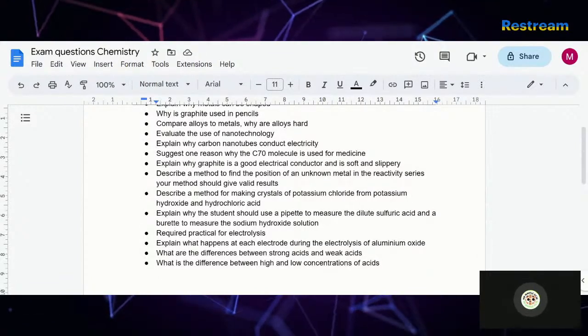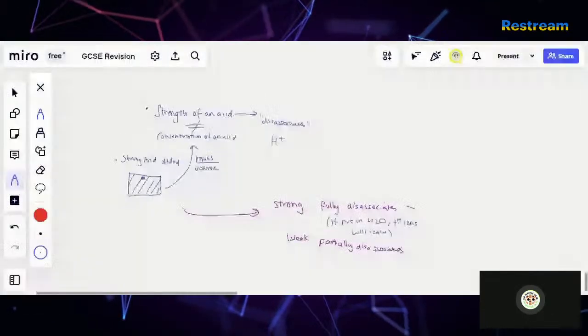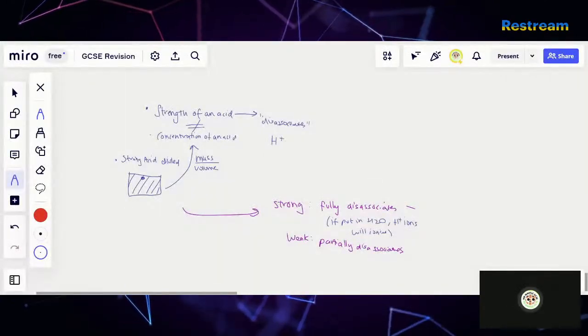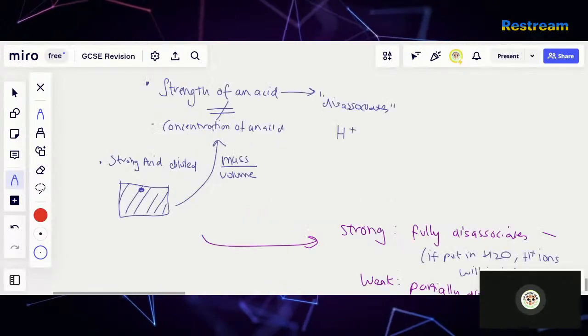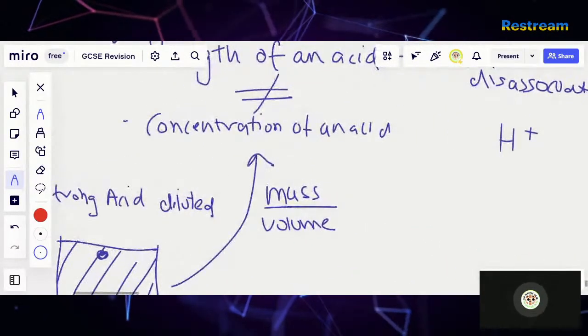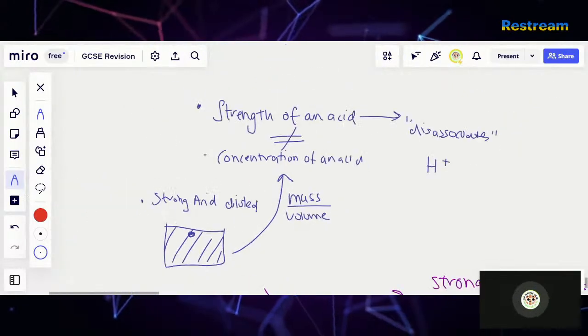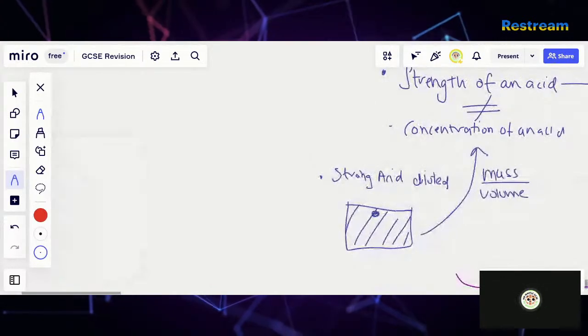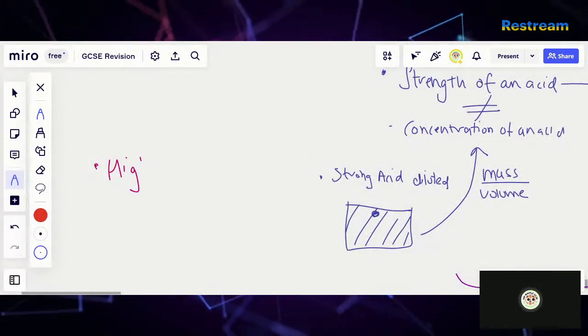So let's go back to this idea of concentration. What is the difference between high and low concentrations of acids? Now, as we said, concentration is just a measure of the mass of something in a particular volume.